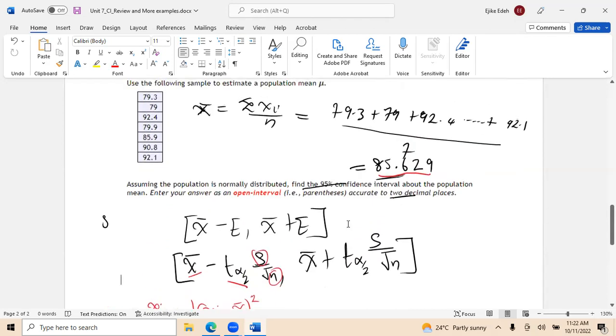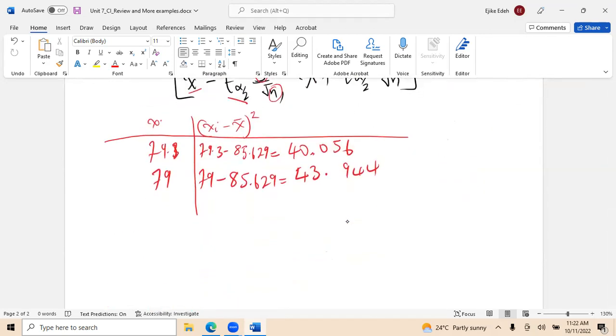The next data point is 92.4. So we have 92.4 minus the mean 85.629. So we have 92.4 minus the mean raised to the power of 2. What do you have? 45.859. I have 45.85994.